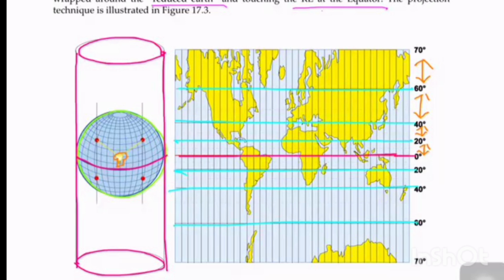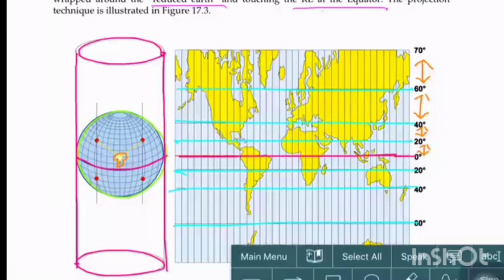His projections used cylinders of paper wrapped around the reduced Earth and touching the reduced Earth at the equator. The projection technique is illustrated in figure 17.3.